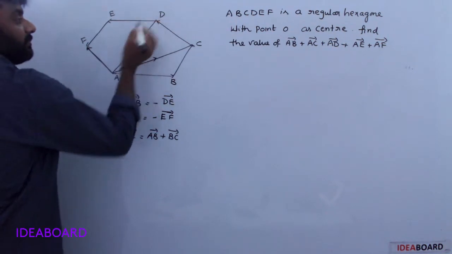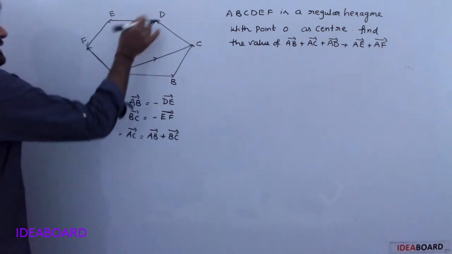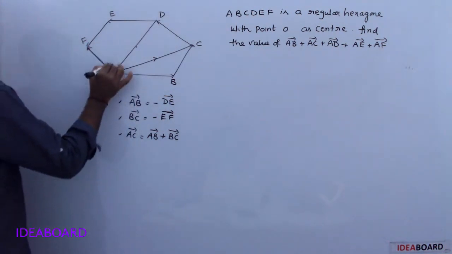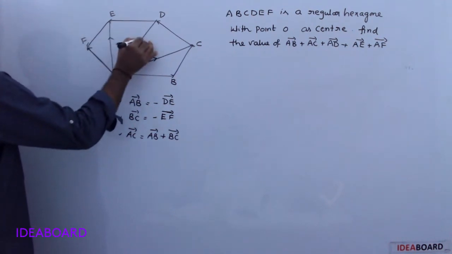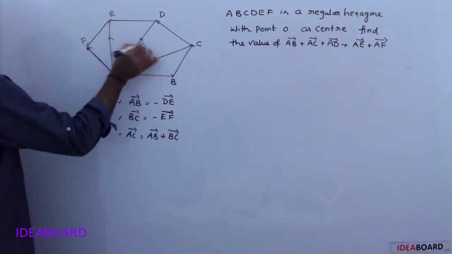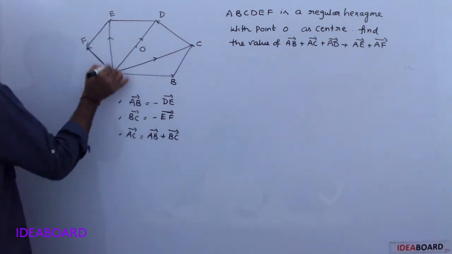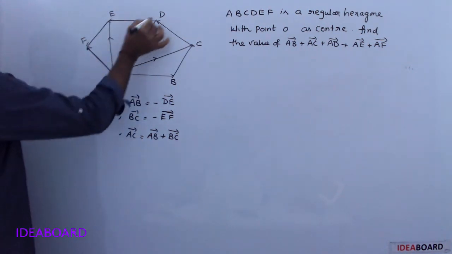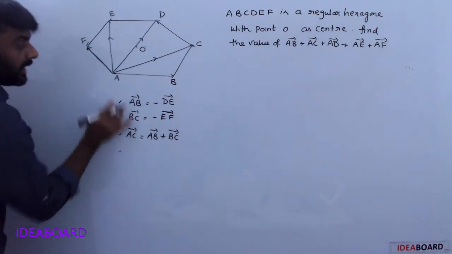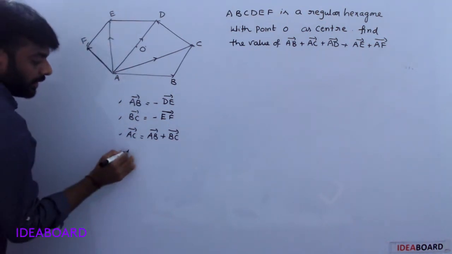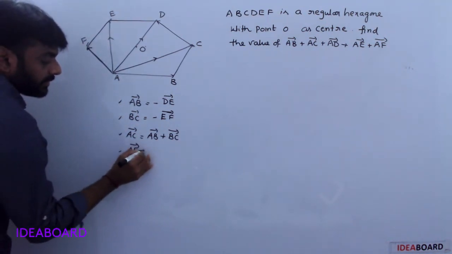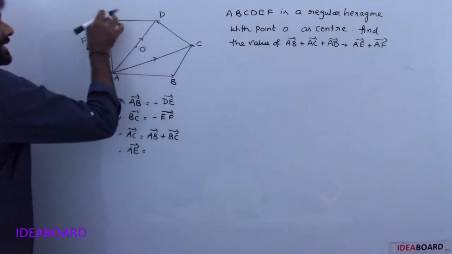Now it is AD bar as usual. Next one, AE bar is written as AD bar plus DE bar. Understood? AE bar is written as AD bar plus DE bar.